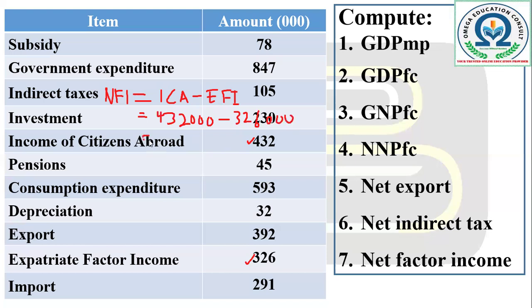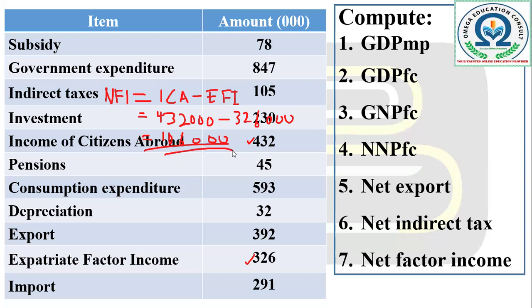Okay, so when we find a difference, 432,000 minus 326,000. Okay, so that gives us 106,000. So you clearly indicate your 106,000. I hope my computation is right. So this is how you do these extra computations.